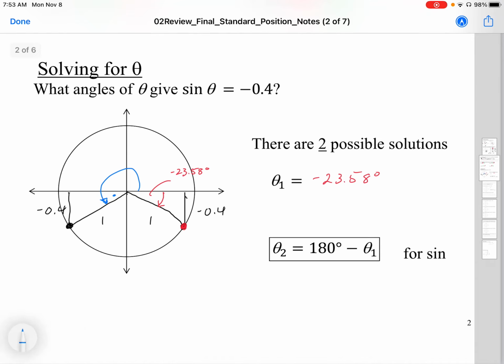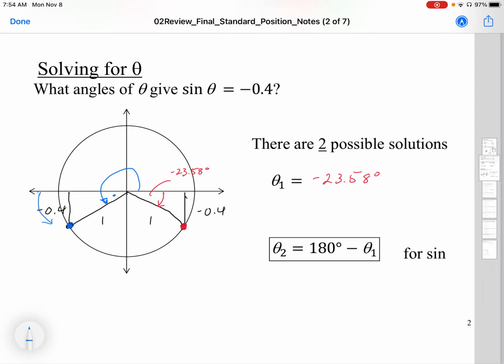Or we can just use the relationship that if it's folding across that line, we're going to start at 180 and we're going to go backwards the amount that we ended up going. So we went negative direction is our angle, so we're going to go in the positive direction from 180 degrees to get to that symmetrical position.